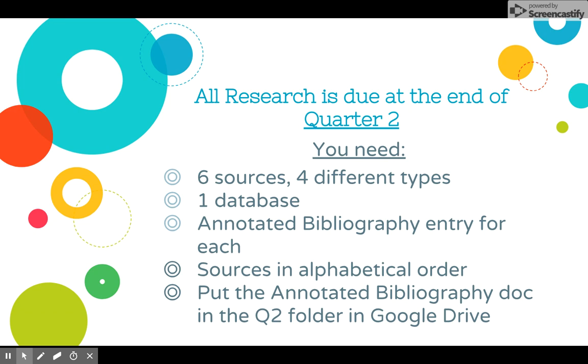One of them has to be a database, with an annotated bibliography entry for each. Make sure those sources are in alphabetical order. And then once all of that is done and good and ready to go, just make sure it is in the quarter 2 folder in your Google Drive and that it is available for your mentor to see, making sure that those sharing permissions say anyone with the link can view.